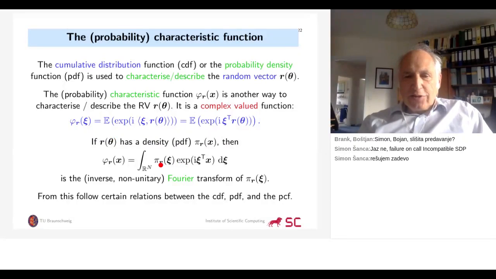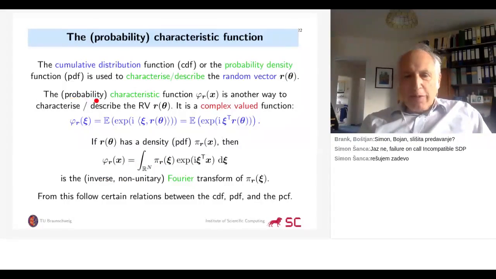So this is, as you see, the Fourier transform of the joint density, okay? It is not normalized, so it's actually the inverse Fourier transform, okay? And it's not unitary, so otherwise you would have to have a factor here, okay? Good. But that's what's called the characteristic function in probability theory, okay?